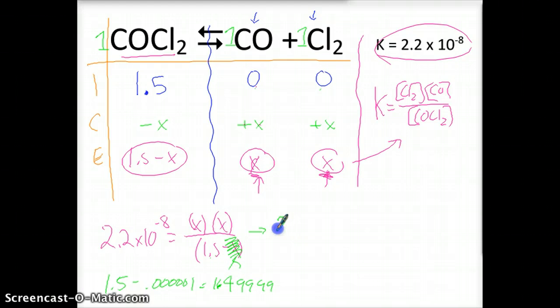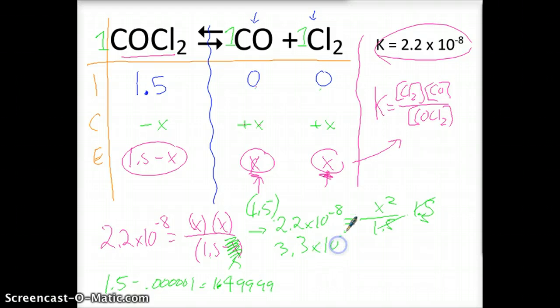So if we rewrite this, we now have 2.2 times 10 to the negative 8th equals x times x over 1.5. So now, multiply 1.5 on both sides, and then solve for x. We would have 3.3 times 10 to the negative 8th equals x squared. Square root both sides, and when you do that, you get a final answer of x equals 1.8 times 10 to the negative 4th.